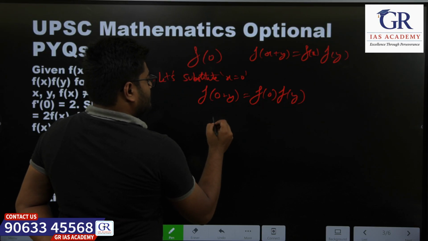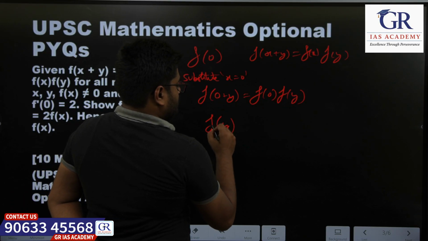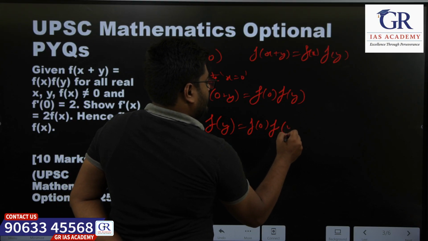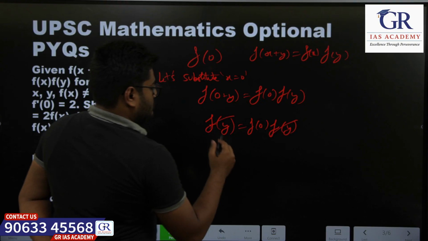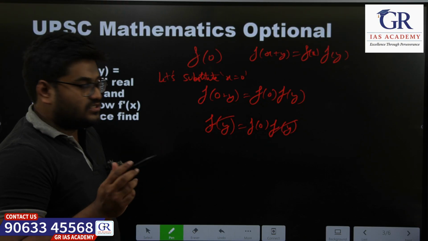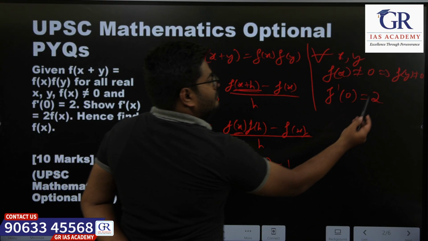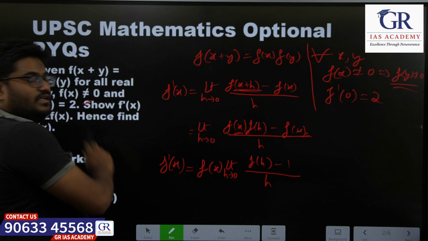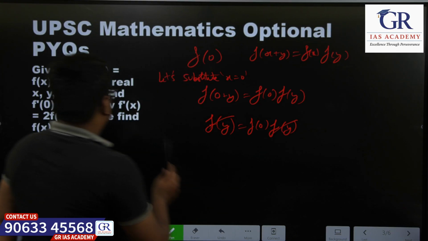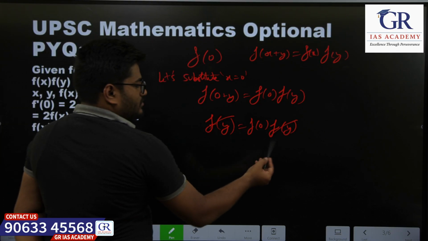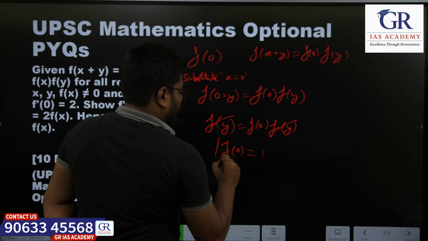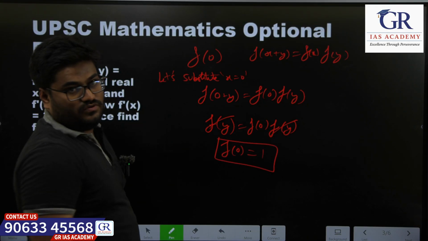So 0 plus y is y. So f of y equals f of 0 into f of y. Why can we cancel? Because f of y is not equal to 0, since f of x is not equal to 0 is given. So we can cancel them out. So f of 0 becomes 1. We got the value of f of 0.